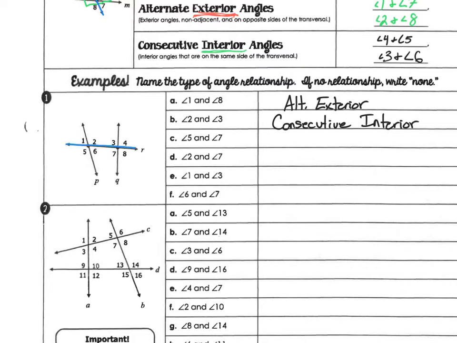Okay. If we look at 5 and 7, are they both interior or both exterior or not? 5's exterior, 7 is what? Interior. Okay, so that gets rid of all the interior, exterior. Now, are they in the same spot in our group of angles? Good, bottom left, right? So that would be what? What was that called? Good.